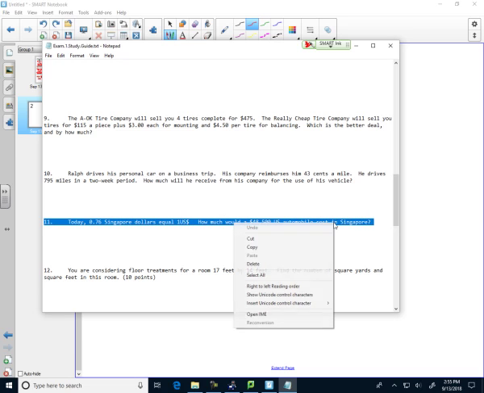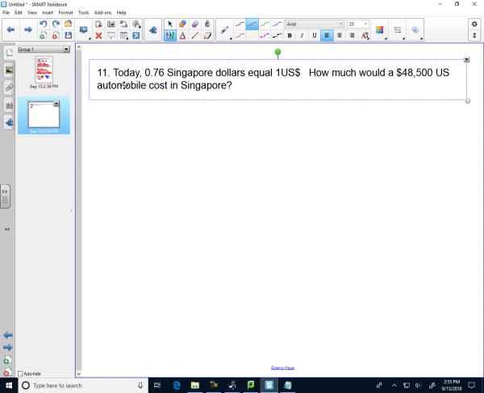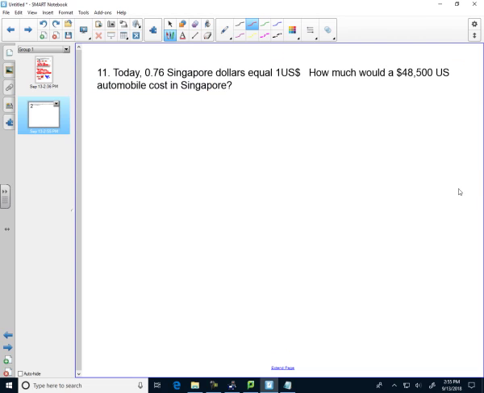I can't remember if we did this. Currency conversions. I don't think so. Well, let's think about this. What do you see there? 0.76 Singapore dollars equals 1 US dollar.